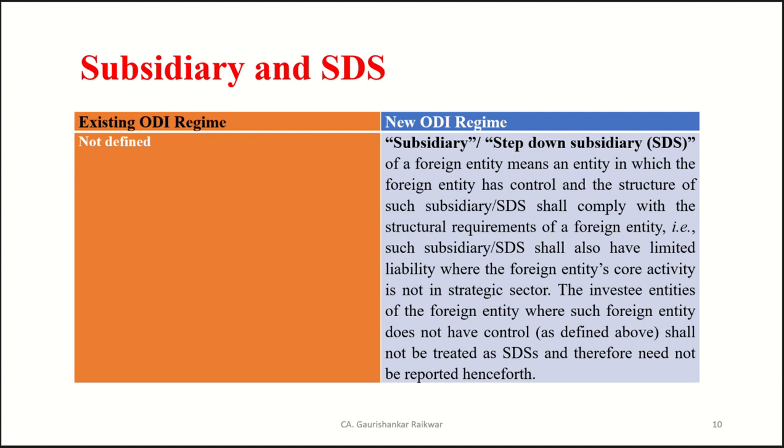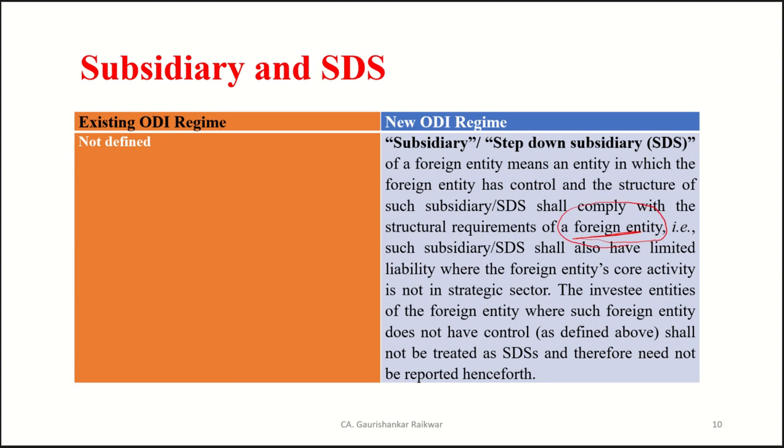A subsidiary of a foreign entity means an entity over which the foreign entity has control. A step down subsidiary must comply with the structural requirement of a foreign entity, and that structural requirement is basically given.